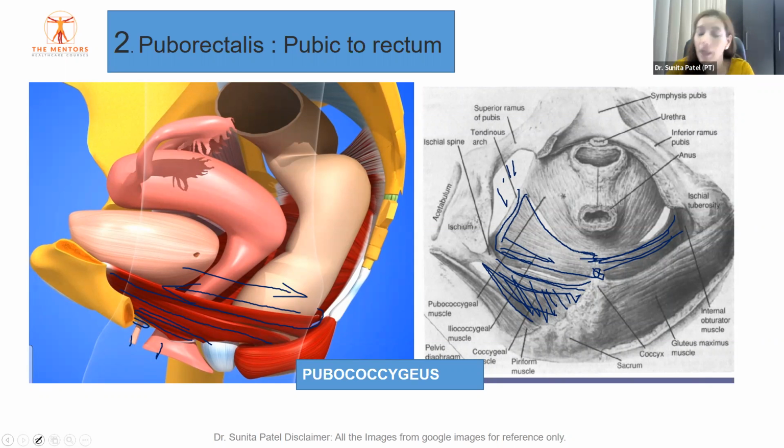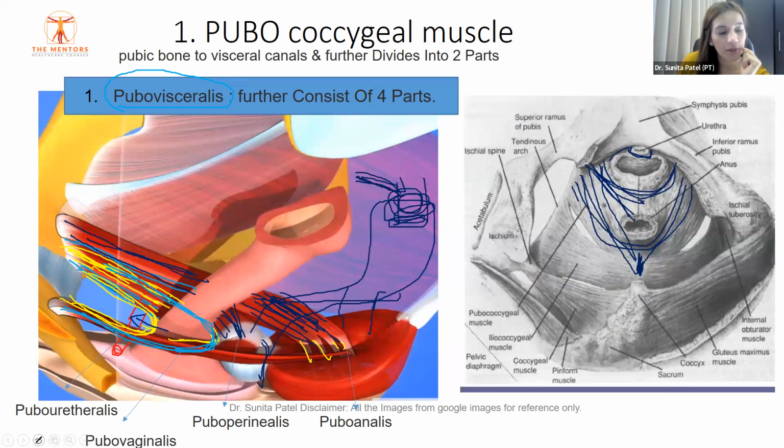With this muscle, what will happen with this muscle? I'm sending, yes, got it. I've sent it. Pubococcygeus muscle, specifically around those muscle fibers. Try to understand these muscle fibers.